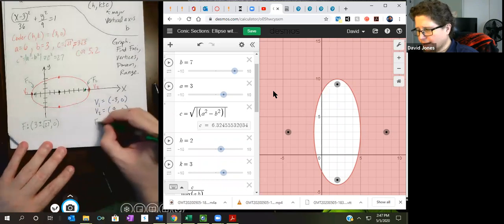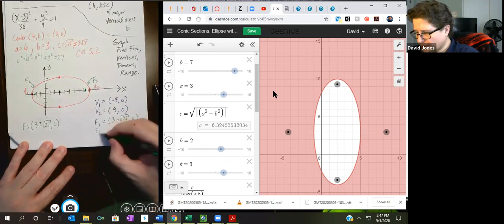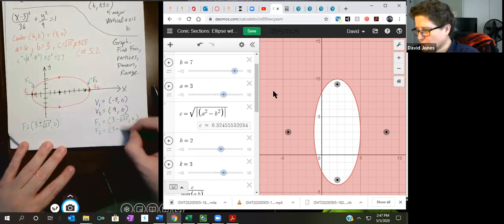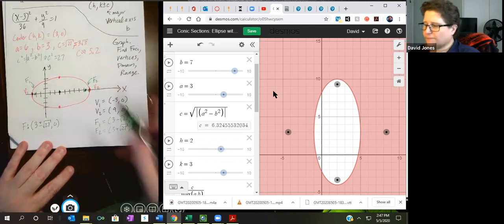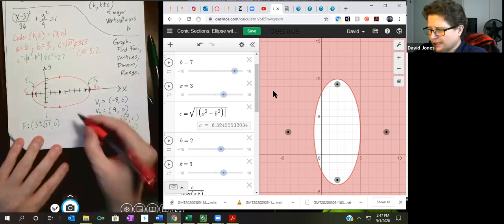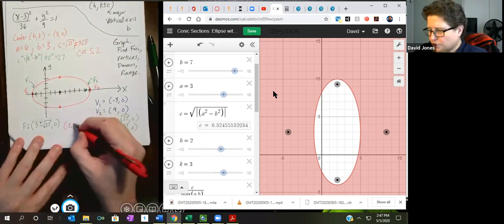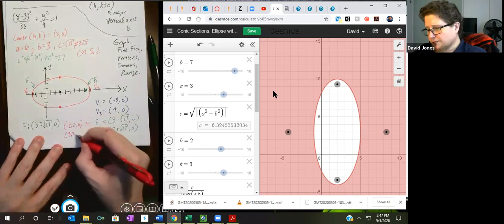So F1 is 3 minus the square root of 27, 0. F2 is 3 plus the square root of 27, 0. And if we use the 5.2 approximation, 3 minus 5.2 is about negative 2.2, and 3 plus it is about 8.2.